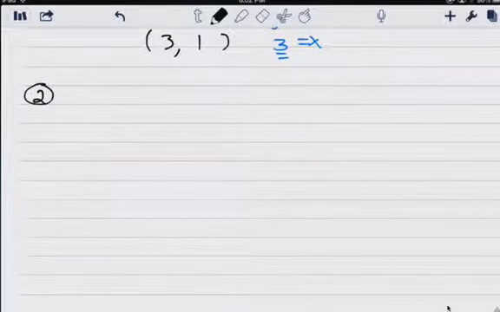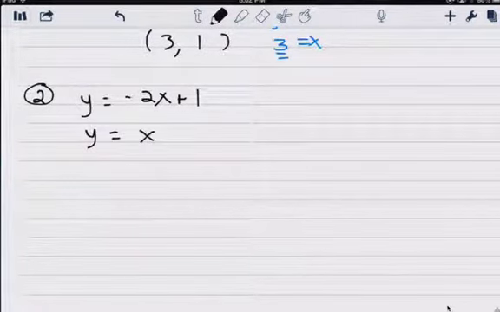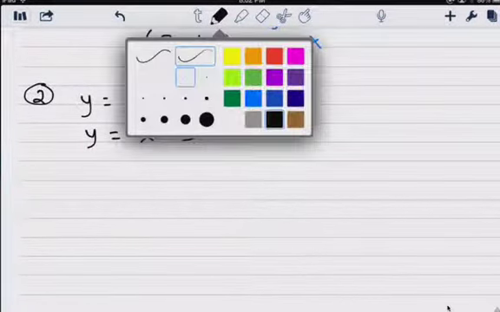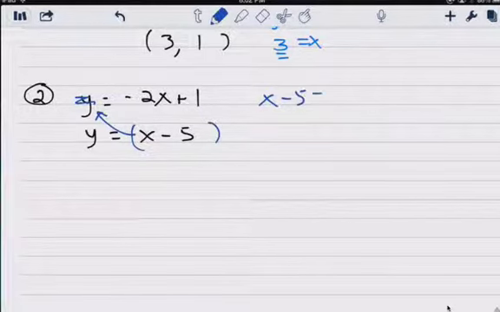Number 2 is y equals negative 2x plus 1, and y equals x minus 5. Substitute that into there. x minus 5 equals negative 2x plus 1.